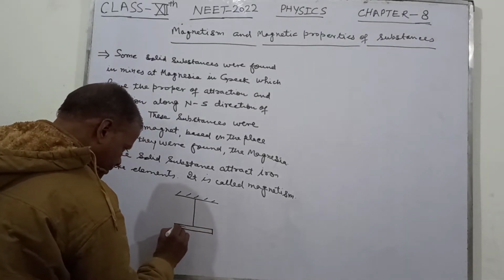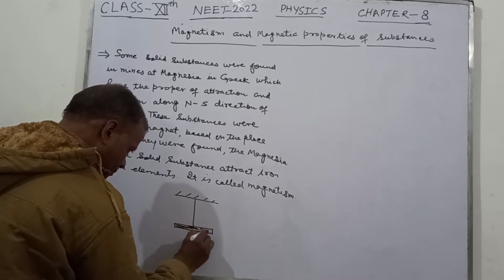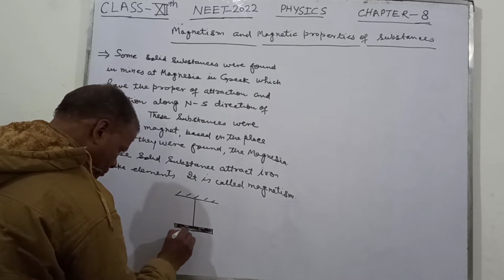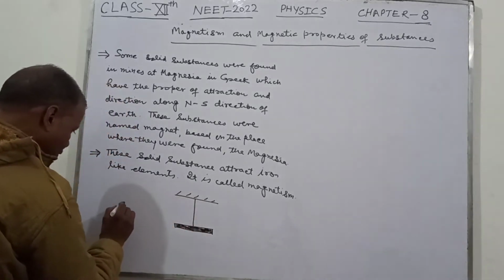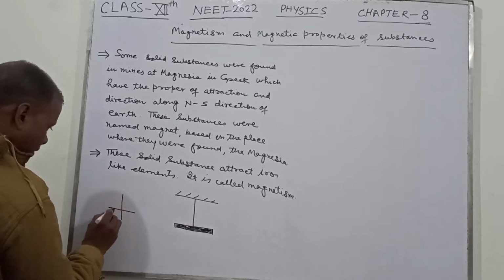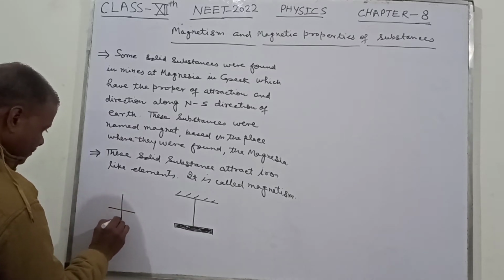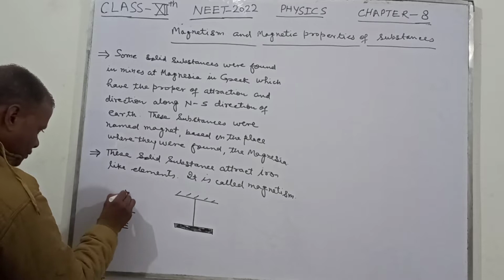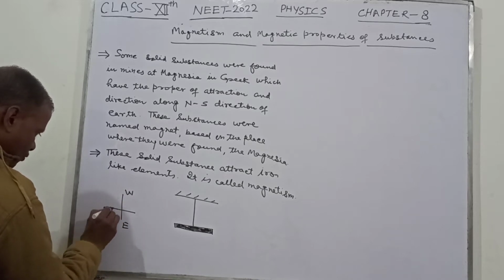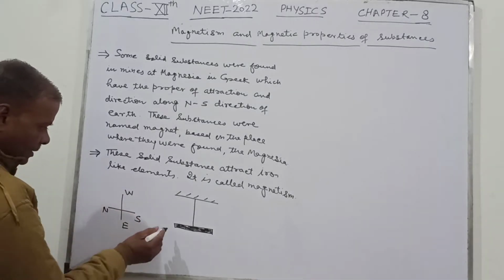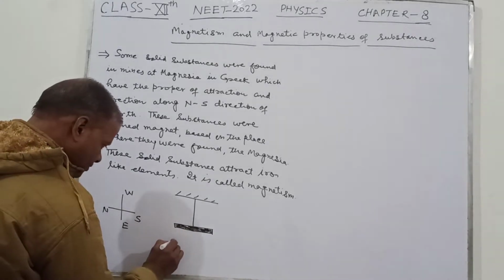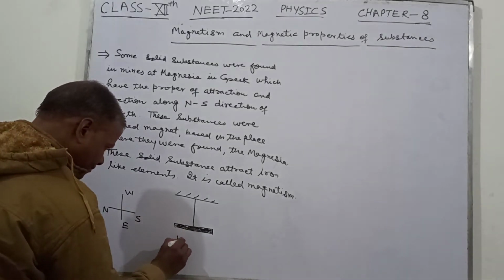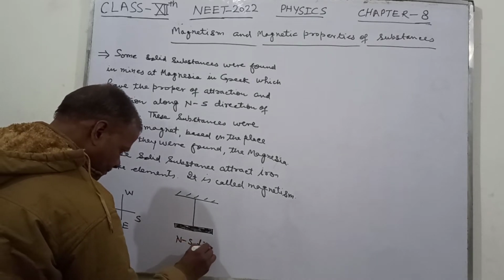This is the magnet, and this is your east, west, north, and south. Then they are always in the NS direction.